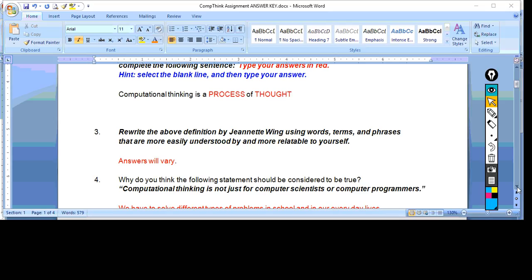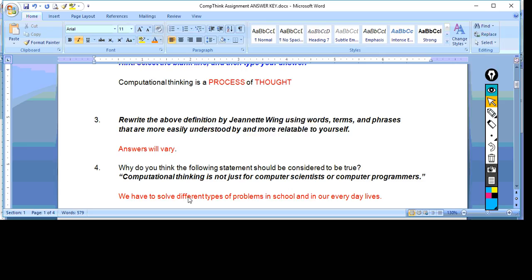The thing is that we have to solve different types of problems in school and in our everyday lives. Every single one of us is going to have situations where we have to problem solve. We have to figure out, what is the solution to what I'm dealing with here? And if you think computationally, that's going to help you be more effective in coming up with that solution.